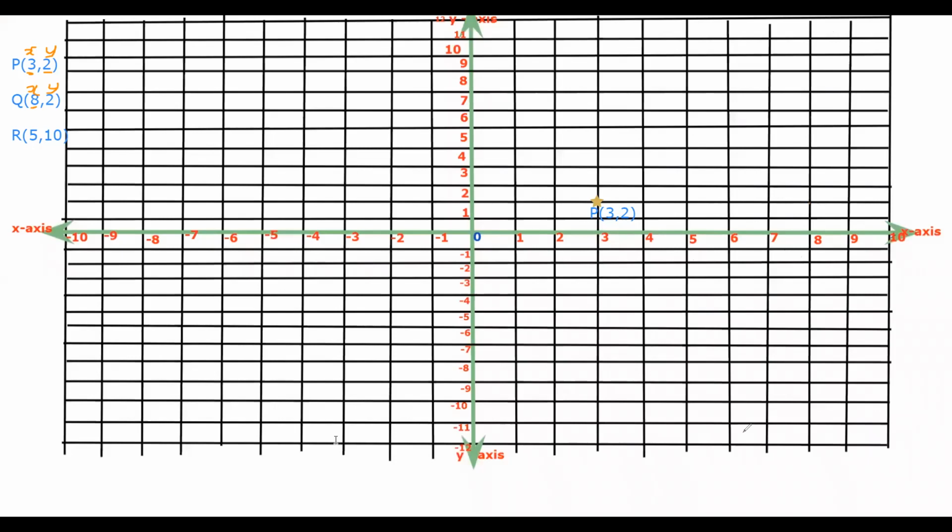Now that is the 8 and 2. Therefore, you write the coordinates attached to the points that you just put. So point Q here is formed by 8 and 2. Okay, good.